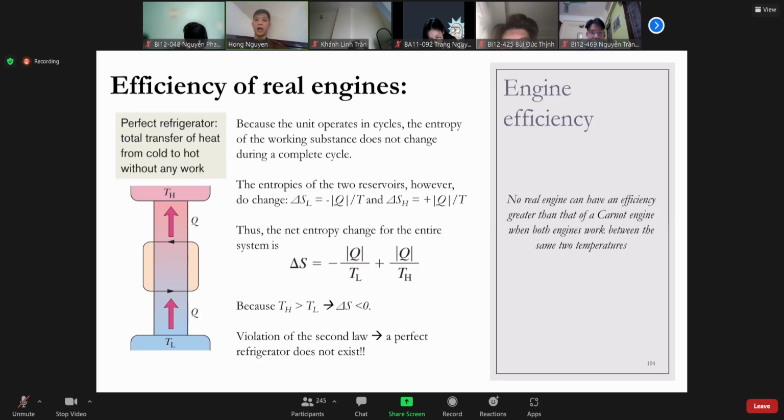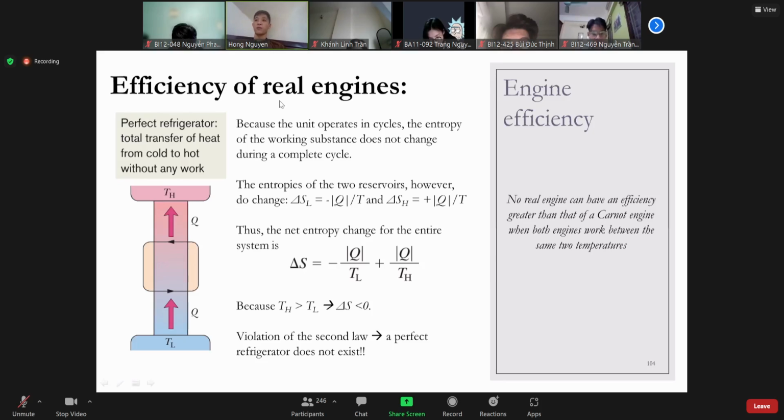So we know that our perfect refrigerator, what we propose here, does not exist at all. This also means that our claim from the very beginning, having an engine X with a higher efficiency than a Carnot engine, is wrong. So our assumption is wrong.